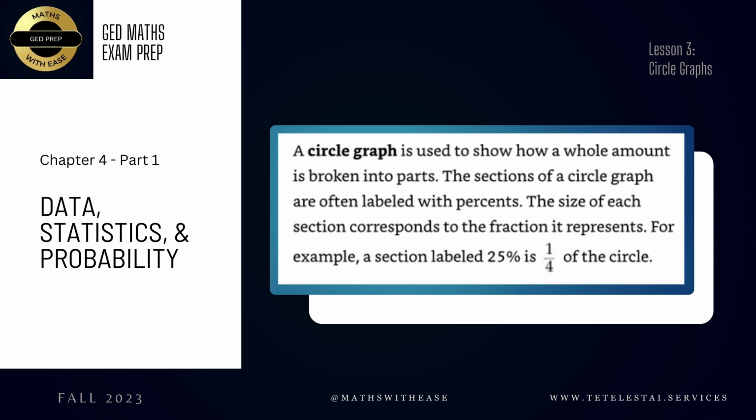A circle graph is used to show how a whole amount is broken into its parts. The sections of a circle graph are often labeled with percentages, okay? The size of each section corresponds to the fraction that it represents. So for example, a section labeled 25% is equal to a quarter of a circle.